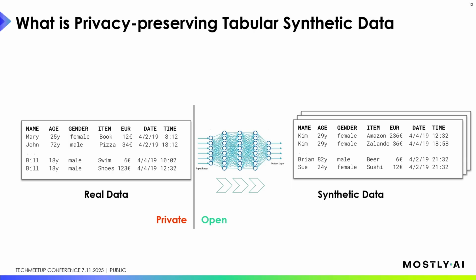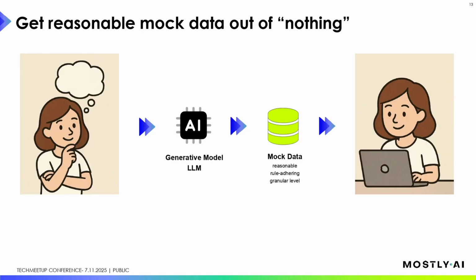Basically, you learn the joint distribution of this data, so how each feature in the data set corresponds to each other. This is privacy-preserving data.